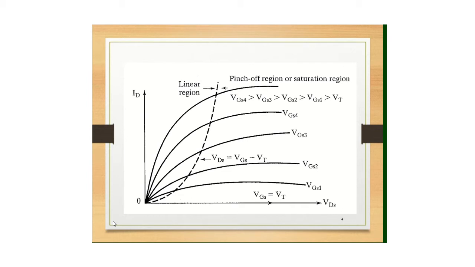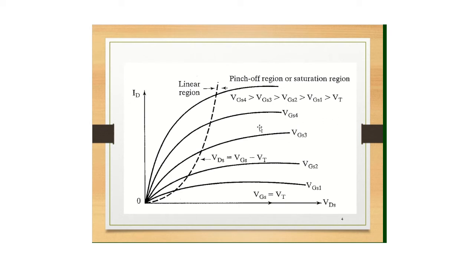In the output characteristics, we observed that there were three regions of operation. The cutoff region, where if VGS is less than VT, then there would have been no drain current, or drain current would be 0. Then the second region is the pinch off region or the saturation region, where VDS is greater than or equal to VGS minus VT.